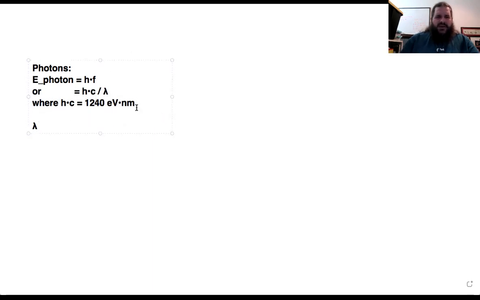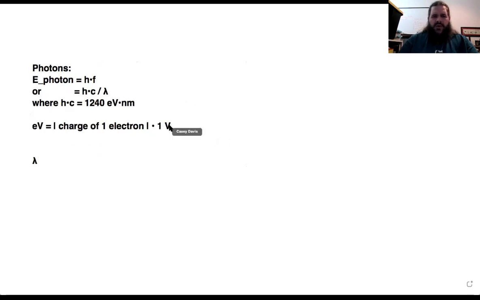And an electron volt literally is just the charge of one electron as an absolute value times 1 volt. And 1 volt literally just means 1 joule per coulomb.